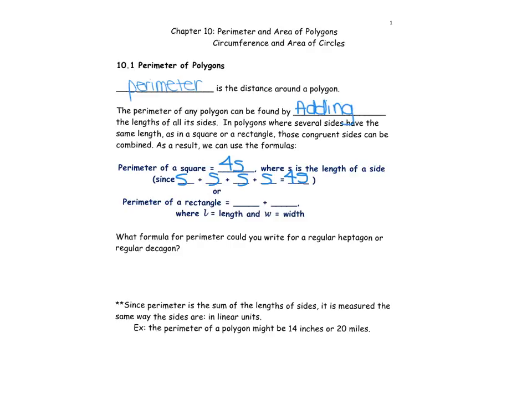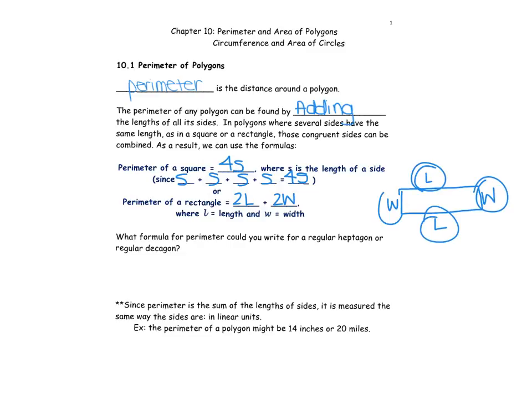Now think about a rectangle, where both pairs of opposite sides are congruent, your lengths are the same and your widths are the same. So that formula is 2 length plus 2w. Again, you could add together all 4 sides.